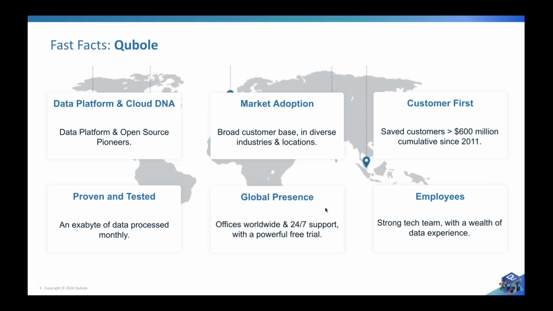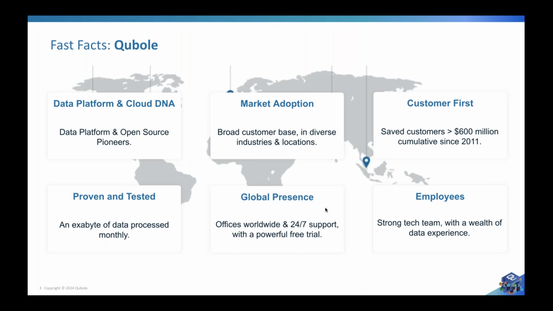Customer first is one of the things based on which we are able to gain many customers. We have saved more than 600 million, and the number keeps growing cumulatively from 2011. This is because of the patented technologies of Qbol and other aspects like workload aware auto scaling and the usage of better spot instances, which makes a lot of cost savings, and that ultimately helps the customers.